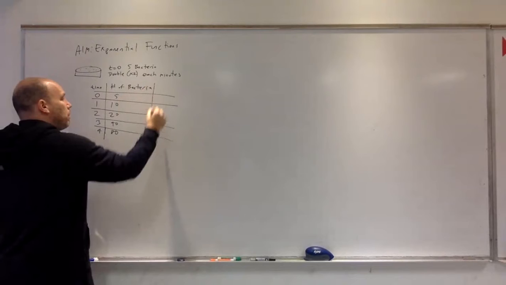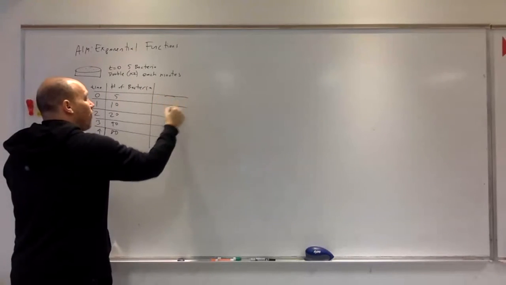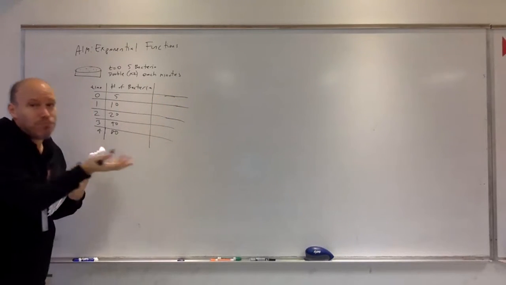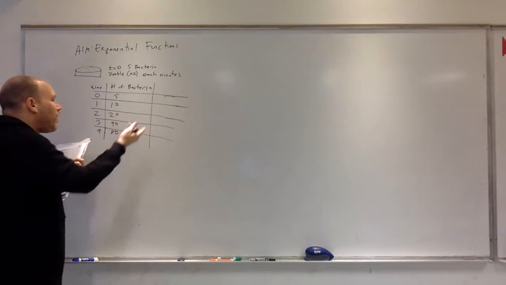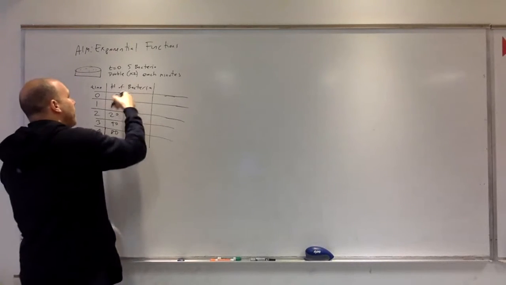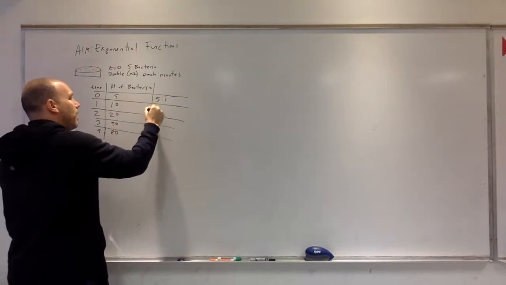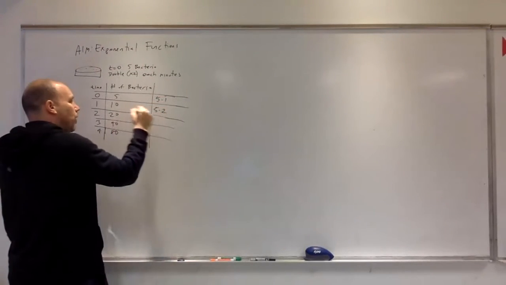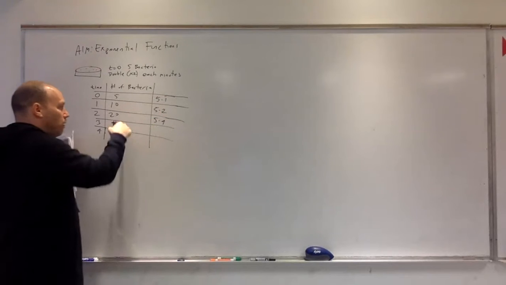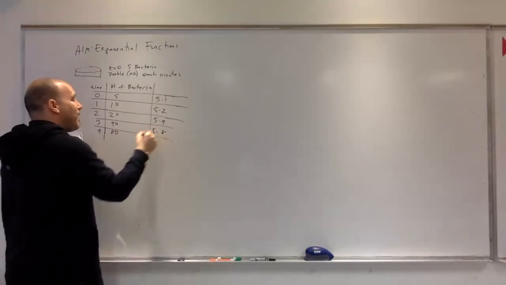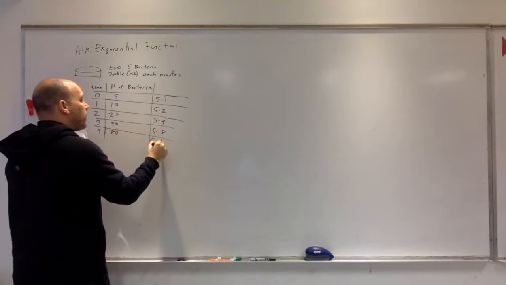So that's fine, but we want a formula. We kind of see there's a pattern, right? So let's break this down. So 5 is actually 5 times 1, and 10 is 5 times 2, and 20 is 5 times 4, 40 is 5 times 8, and 80 is 5 times 16.